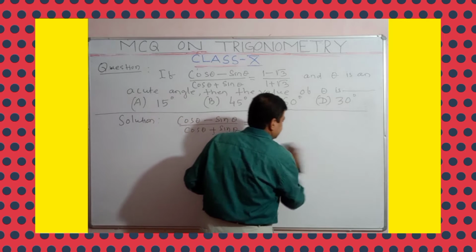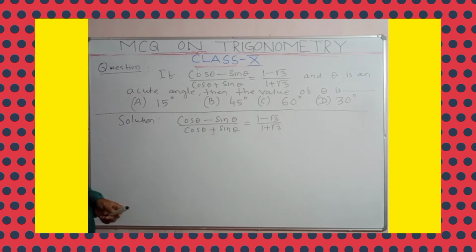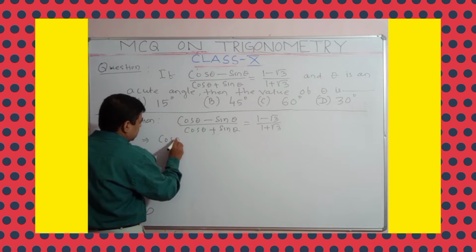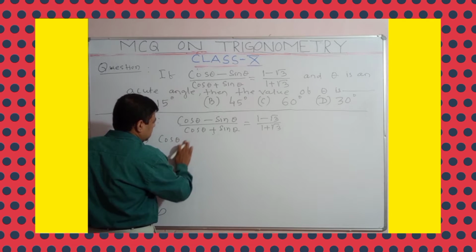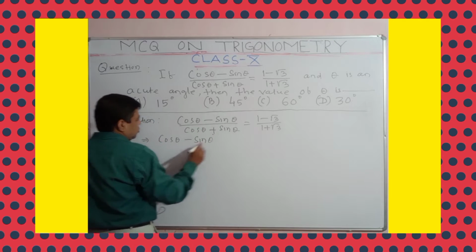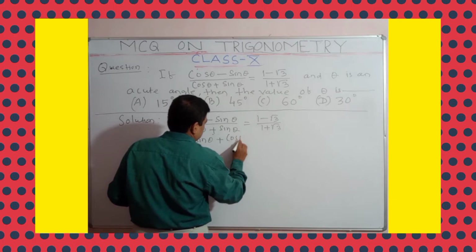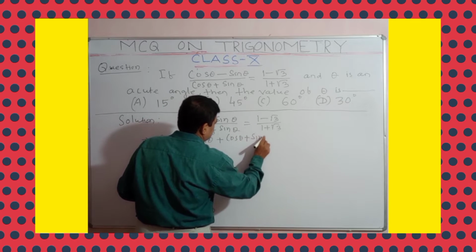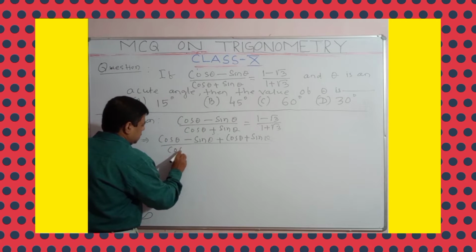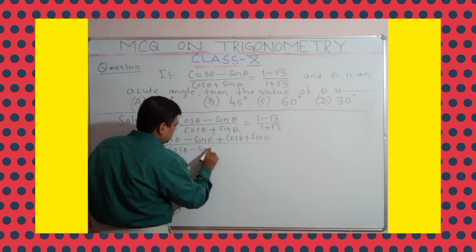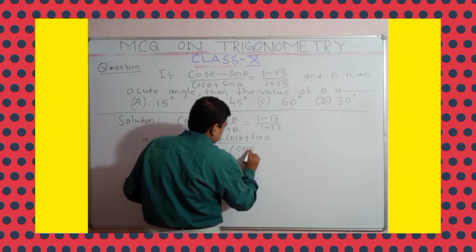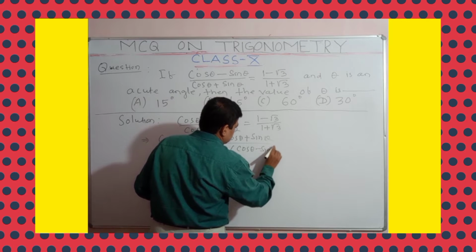So you can rewrite it: cos theta plus sin theta plus cos theta minus sin theta, whole divided by cos theta plus sin theta minus cos theta minus sin theta.